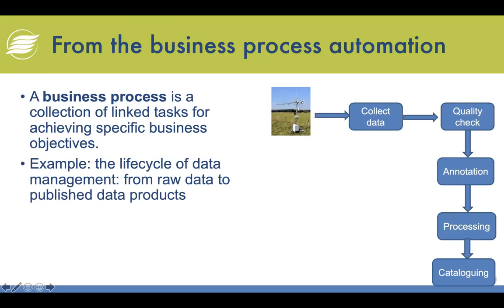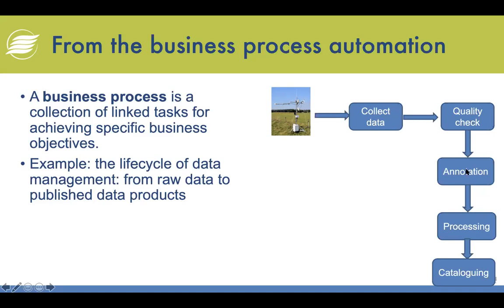It is a typical process you can find in almost all data infrastructures in ENVRI and in these environmental earth science communities. But if you take a close look, this process is not going to be done by a single person. It is going to be done by multiple persons from different organizations, isn't it?